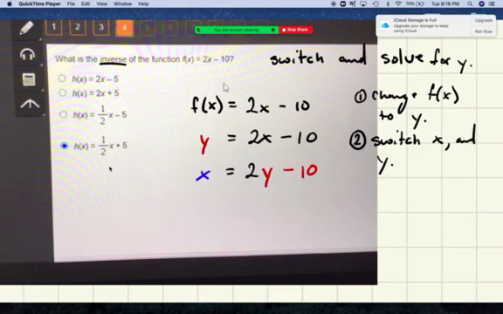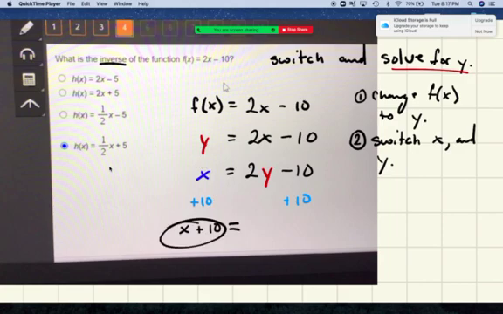And then solve for y. That just means get the y by itself. So if I'm going to get the y by itself, I need to add 10 to both sides. So I have x plus 10. I can't combine those, so I just have to write it sideways. X plus 10.